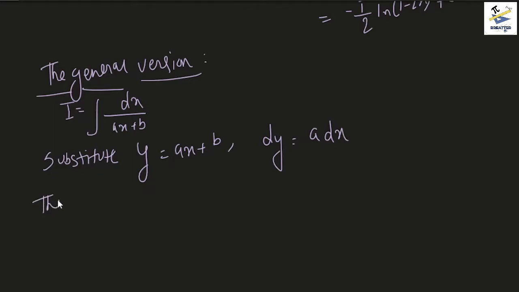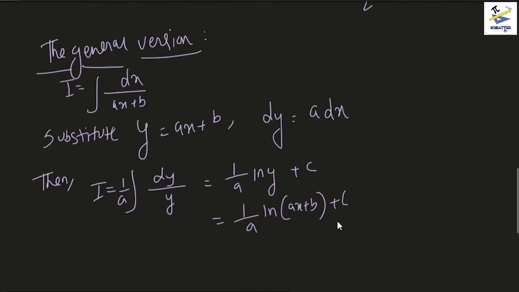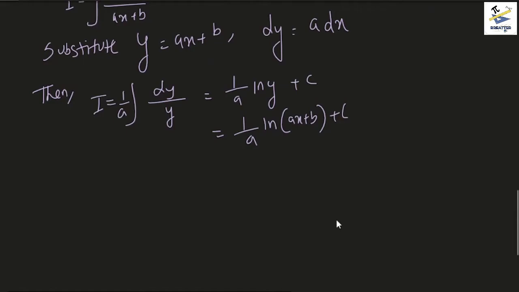Then I should be equal to the integral of dx is dy by a, so put 1 by a outside, dy by y. So this gives you 1 by a ln of y plus c, and if you put back the value, it gives 1 by a ln of ax plus b plus c, which is the answer.